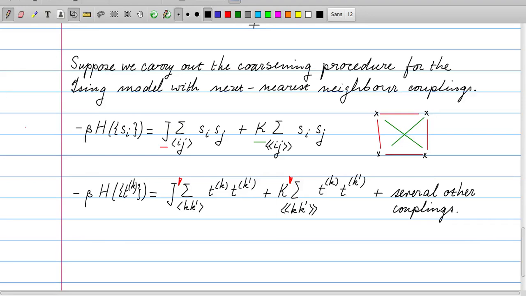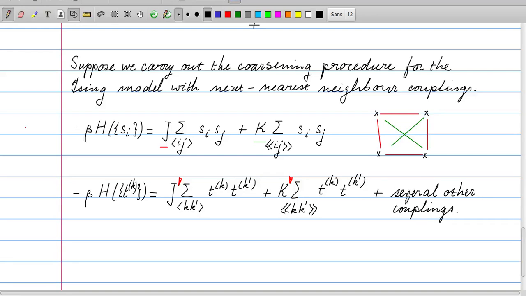So we carry out the procedure that we have outlined above. So we, for any fine-grained configuration Si, we construct a coarse-grained configuration using the W function that we have defined above, and then we find a Hamiltonian which describes the interaction between the TKs. And now that will have some arbitrary form. It does not necessarily have the same form as this Hamiltonian, but we assume that there are two dominant terms, which are a nearest neighbor coupling between the coarse-grained spins and the next nearest neighbor coupling between the coarse-grained spins.